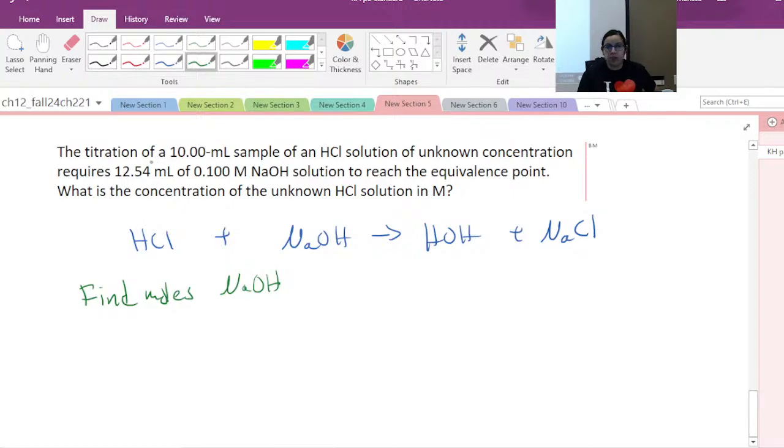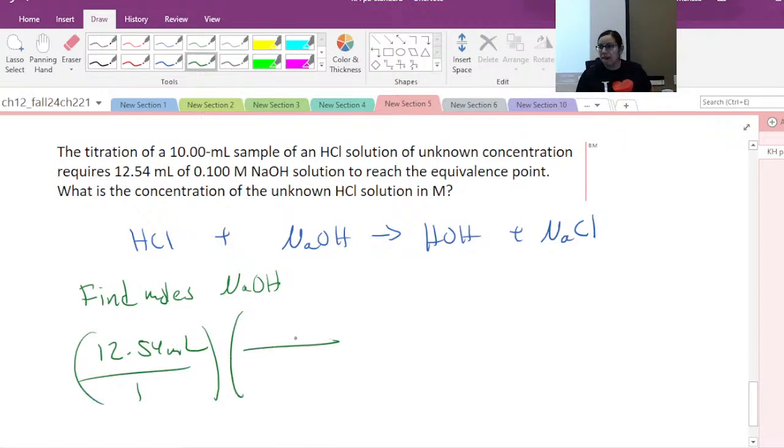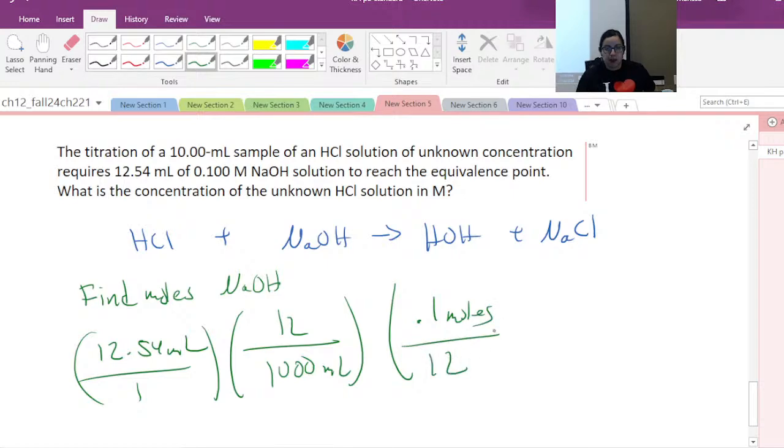Because it gave it to us in milliliters, we have to divide it by 1,000 first to get it to liters. So 1 liter is 1,000 milliliters. Then we can multiply it by our molarity, so 0.1 moles per liter for however many liters we have.